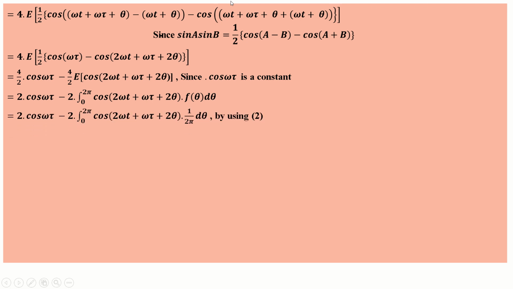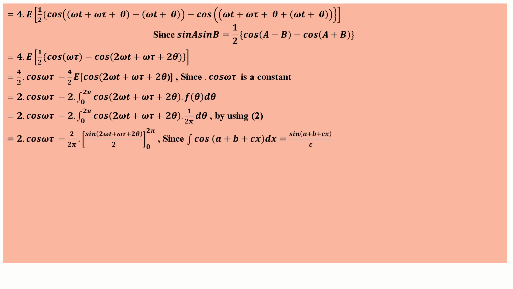So 2 cos omega tau minus 2, 1 by 2 pi we take outside. The integral of cos ax plus b dx is sin ax plus b by a, same formula. So sin 2 omega t plus omega tau plus 2 theta by 2, lower limit 0, upper limit 2 pi. Applying the lower and upper limit as it is, we get 2 cos omega tau minus 1 by 2 pi.